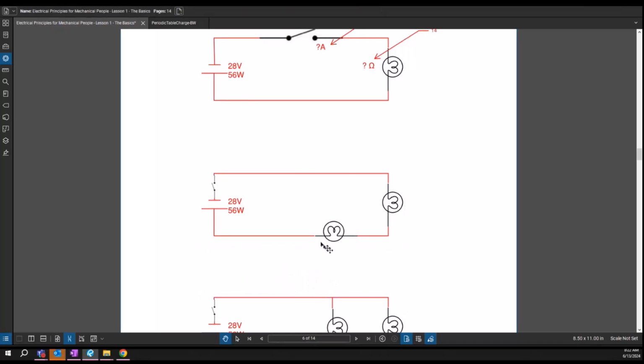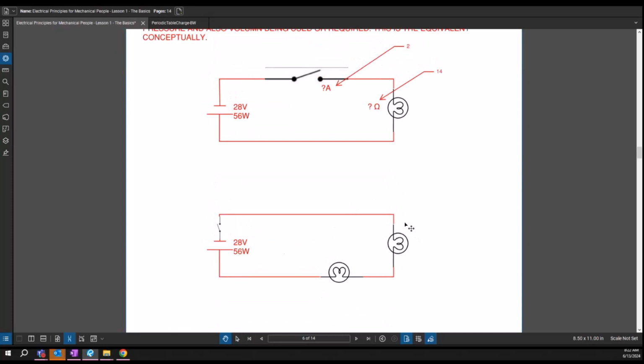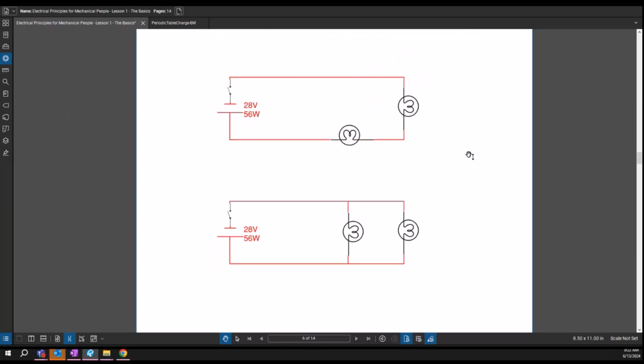It depends because one's in series and one's in parallel. We'll stick with series. Series is R plus R, like R1 plus R2 equals R all. And then I know the parallel is like 1 over R plus 1 over R, right? Close. I'm pretty sure that's how it works.